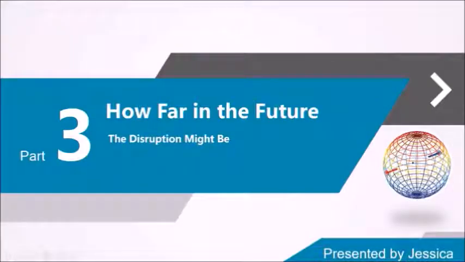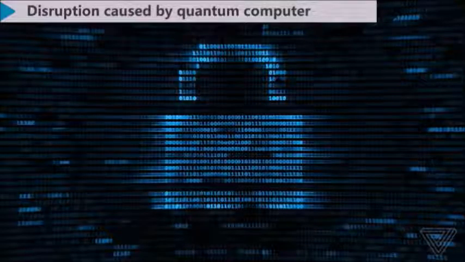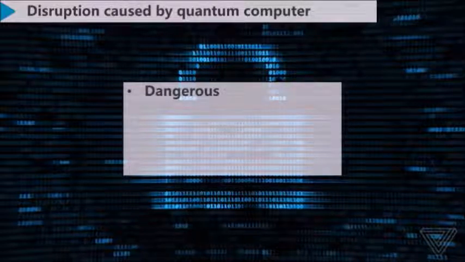My name is Jessica, and I'm going to talk about how far in the future the disruption might be. First, I will talk about what kind of disruption is actually caused by quantum computers. First things first, if the quantum computer falls into the wrong hands, especially hackers, it will become dangerous.